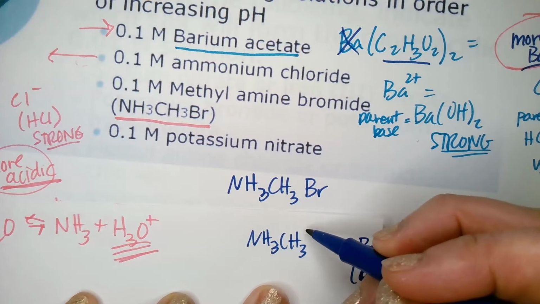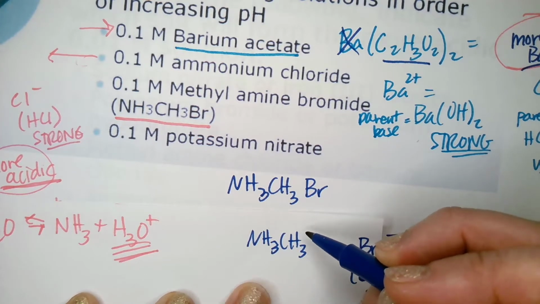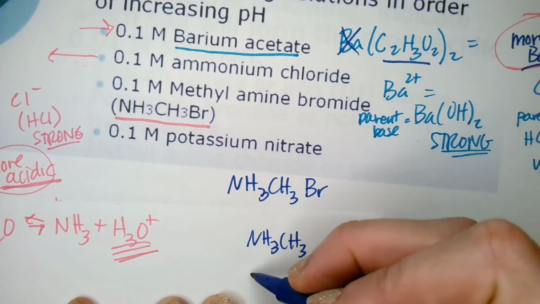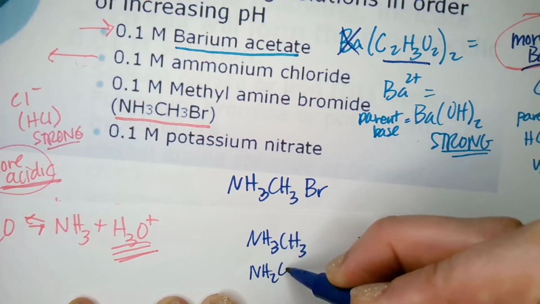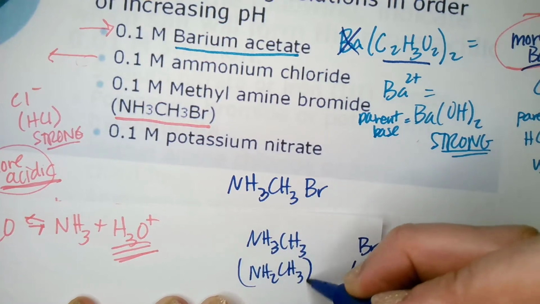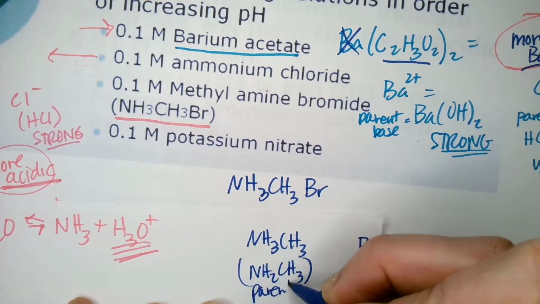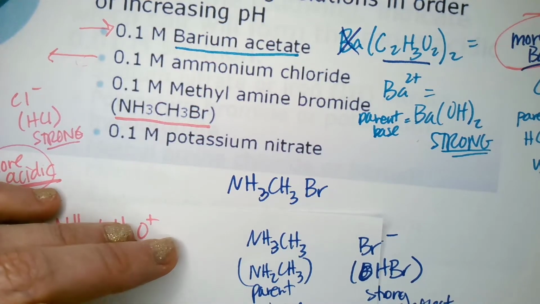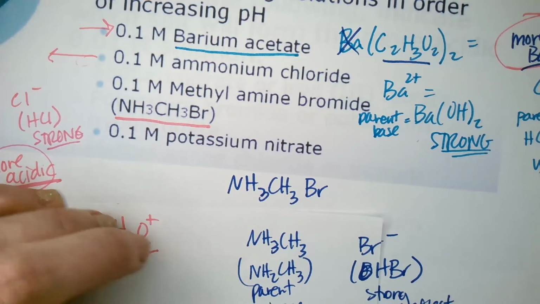Methylamine's parent base is NH2CH3. If you aren't sure about what that is, we haven't seen this one before.